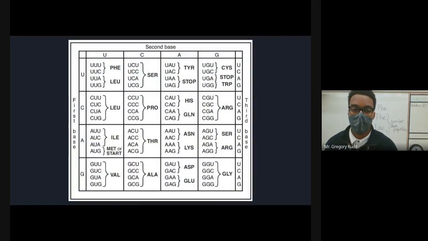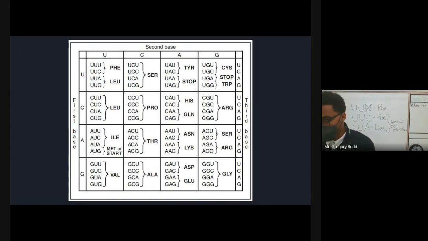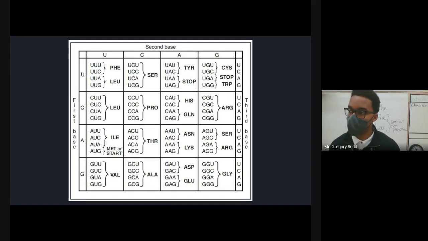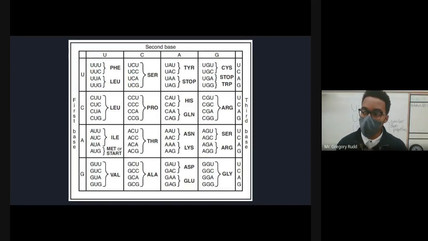Okay. So we're thinking about this phrase, synonymous codons. Good. That's a good definition for it. Codons that are different, but that still give you the same amino acid or similar amino acids.